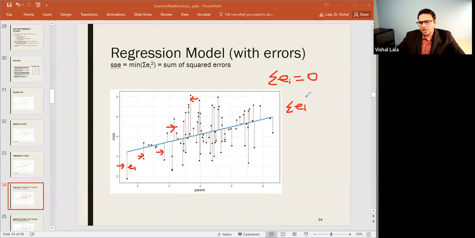Now, this expression you're going to get for the blue regression line is minimum. So of all lines that can go through, the sum of squared errors for the regression line is minimal, and to that extent, this line is optimal. It's the best of many different lines you can construct.